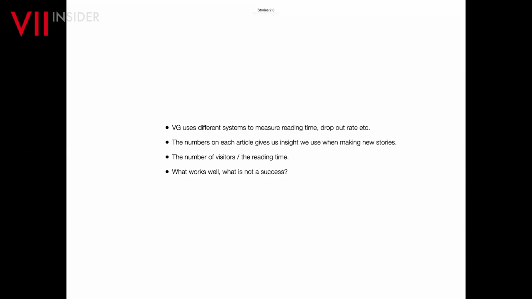And that's also interesting. I mean, we don't use the reading numbers as the only guide to how we should make stories, because that could be scary, I think. But we use it because it's interesting to find out, is this something that works for the reader, or is this something that's just a pain in the ass for the reader?